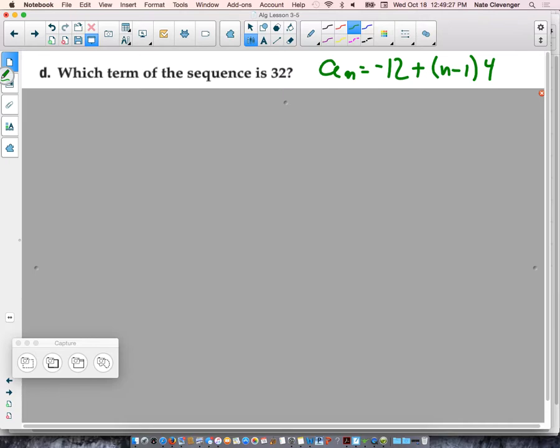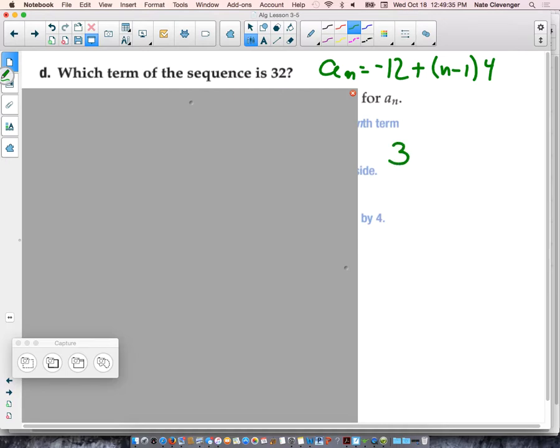Well, on this one, I want to find what value of n gives me a value of 32. So I'm going to have 32 equals negative 12 plus n minus 1 times 4. And then we're just going to solve this. I'm not even going to distribute that through yet, because I'm going to first just add 12 to both sides.